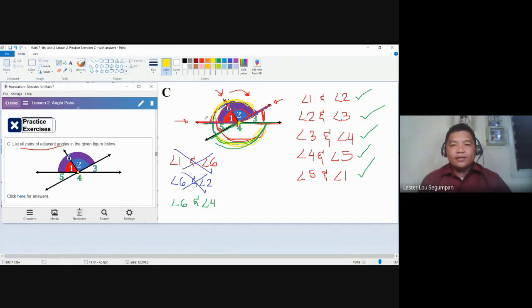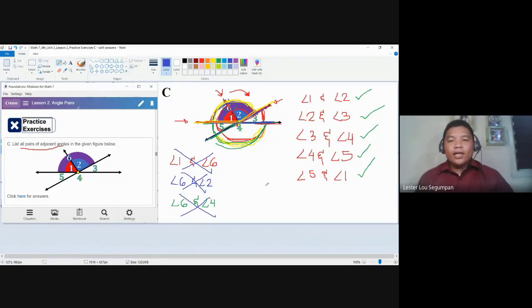The sides of angle 6 are this ray and this ray here. As for angle 4, it's this and here. Though they share the same vertex and they do not overlap, the sides are different. They do not share the same side. This also makes angle 6 and angle 4 non-adjacent.